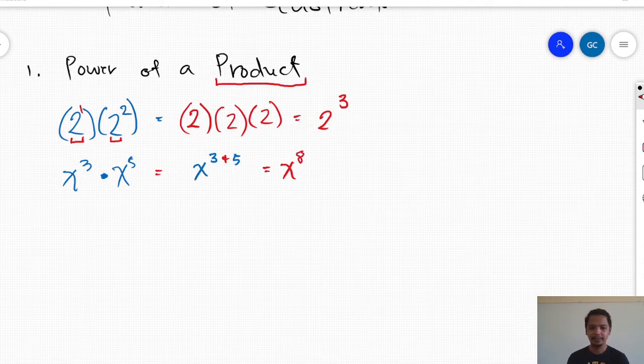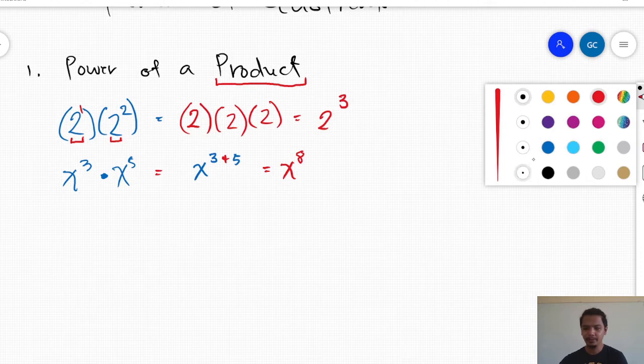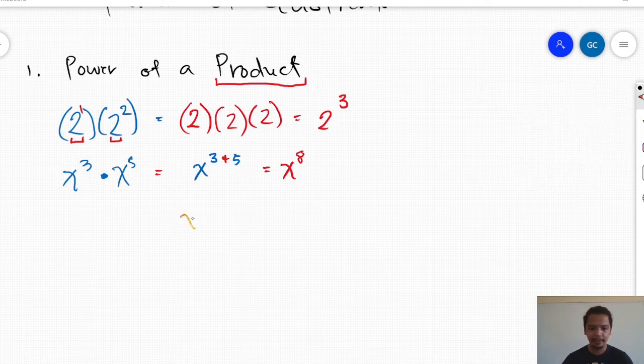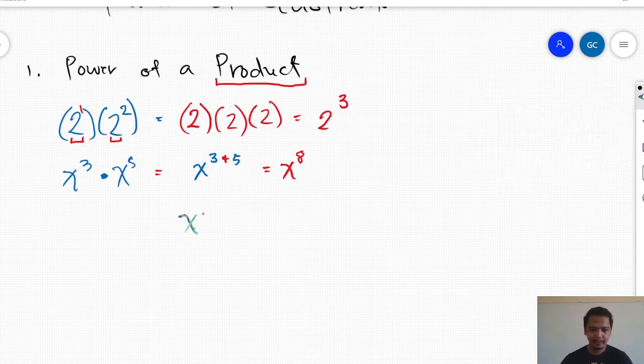Kapag parehas sila ng base, ang power of a product is kapag meron kang dalawang numbers na parehas ang base, let's say we have there x raised to m, and we multiply that x raised to m to x raised to n, we will have there an x that is raised to m plus n.